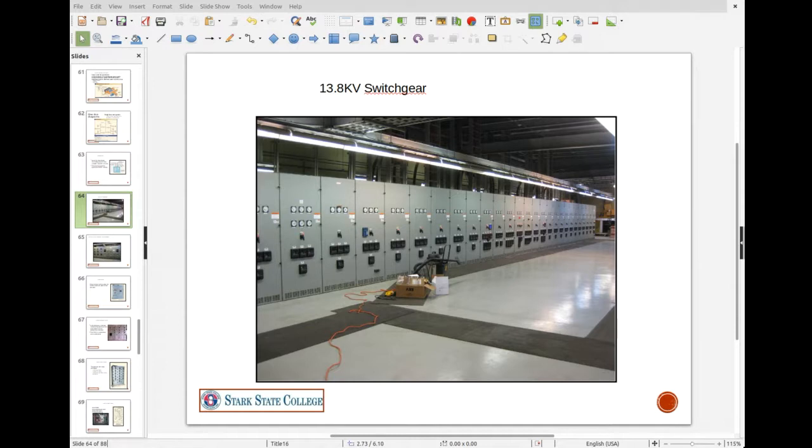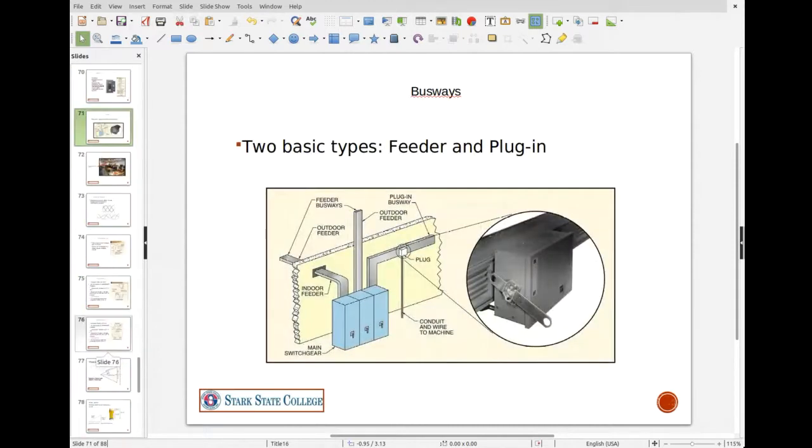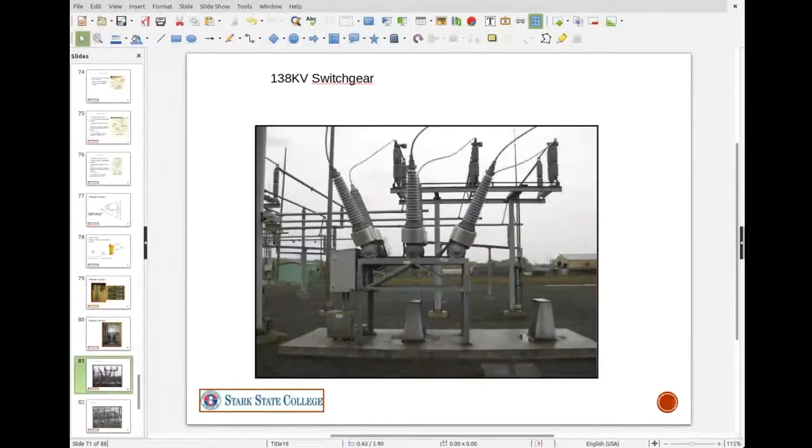If I can find it, I'll post it up into Blackboard so you guys can watch it. It's a cool video showing the transformer or transmission line shutting down.